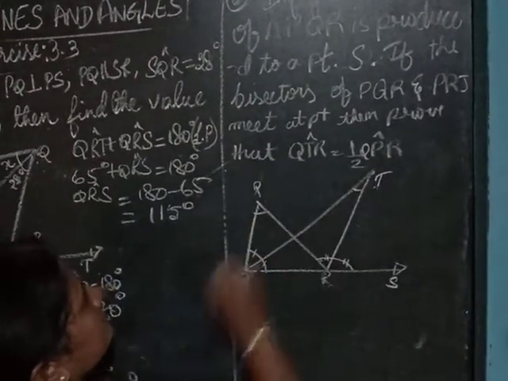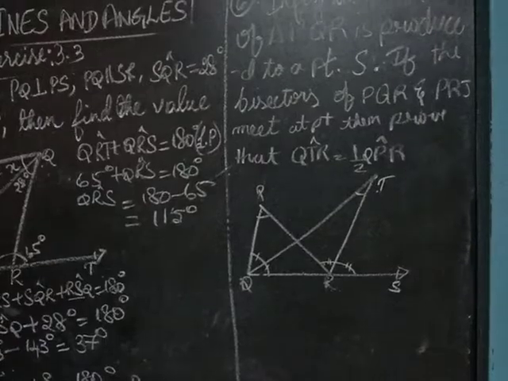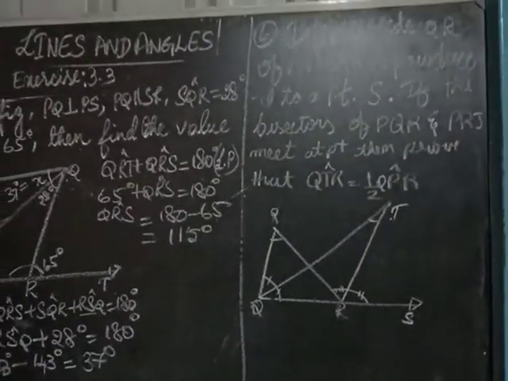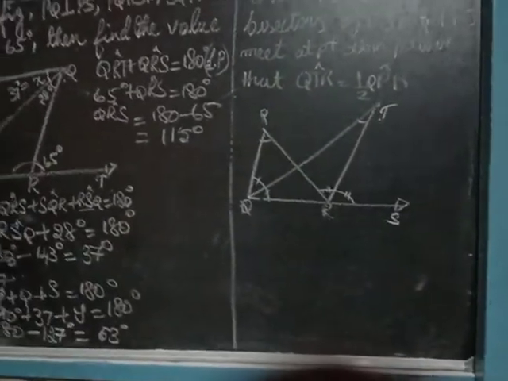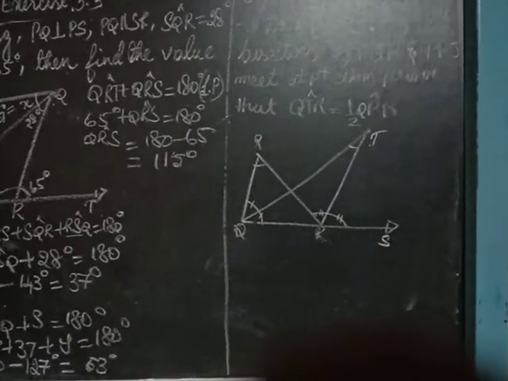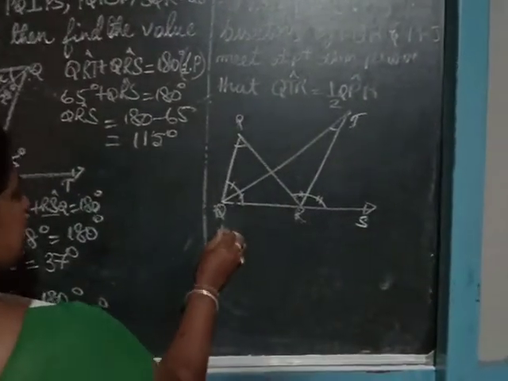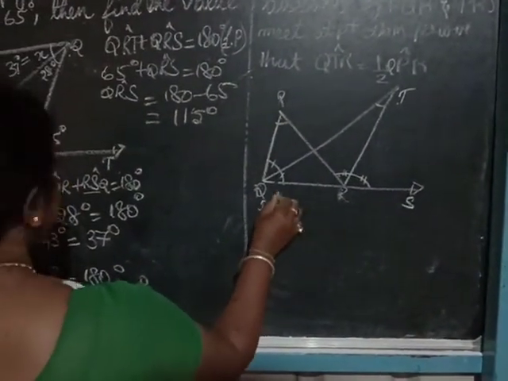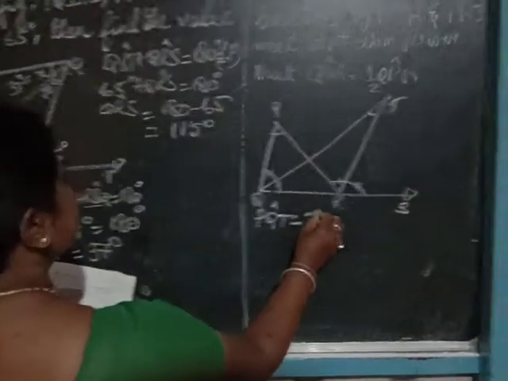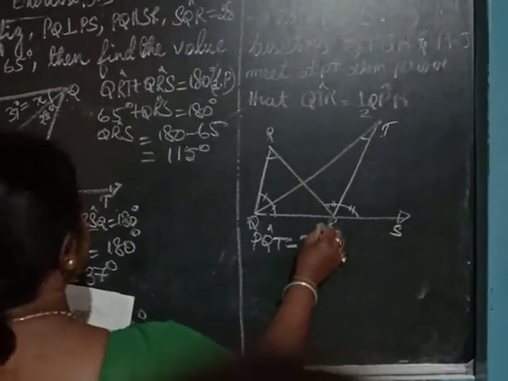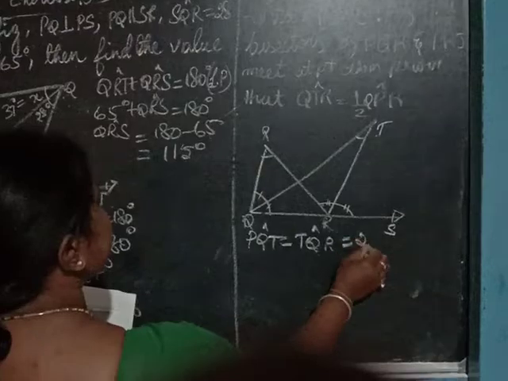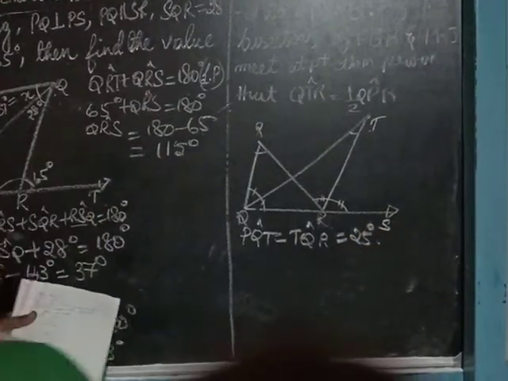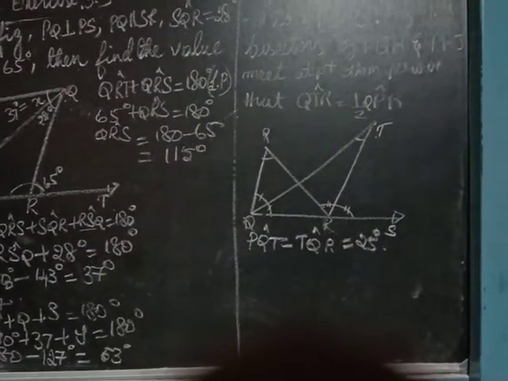Okay, children. So now let us see this one. What all is given, you know. Now angle PQT is equal to angle TQR is equal to 25 degrees.